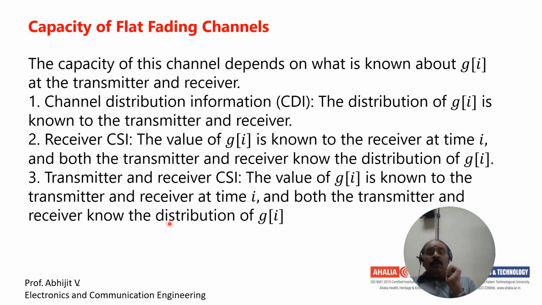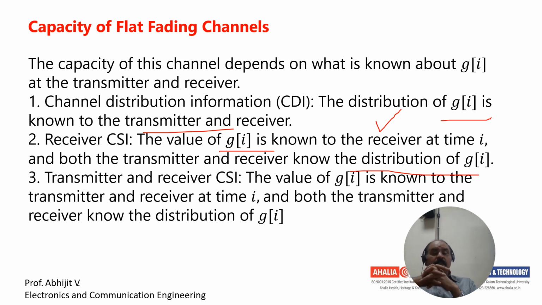Now this is where we will be studying three conditions. First condition is the distribution of G of I is known to the transmitter and the receiver. In the first case, we do not consider the value of G of I, which is not known to the receiver or the transmitter.